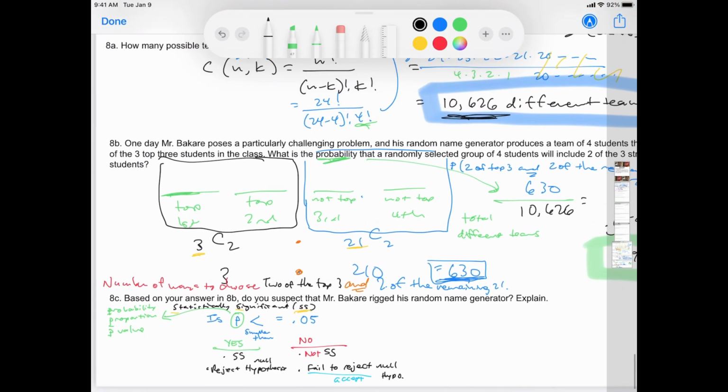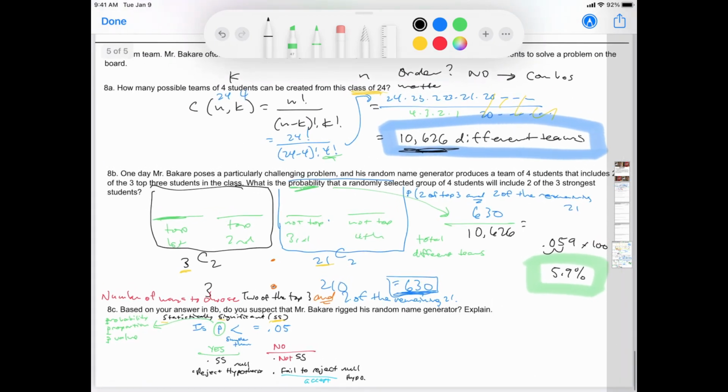We've seen it throughout the year, but I just wanted to put out some kind of number. So my question is, what do you notice about our number, about 5.9%? Is it smaller than 5%? The answer would be no. So we would say this is not statistically significant. We would just say that Mr. Picari, it sounds normal. It's not crazy to think so. So let's write that.